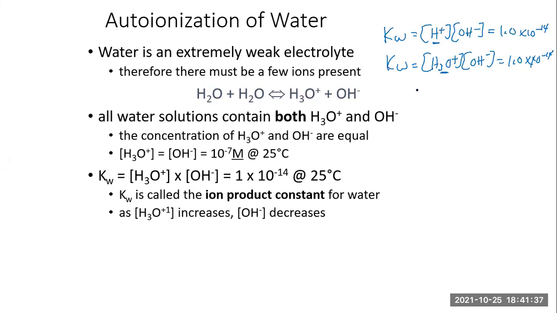Now, an important thing is when we do the little bracket thing here, this represents concentration. And when we talk about concentration, we're really talking about molarity, which is moles per liter.